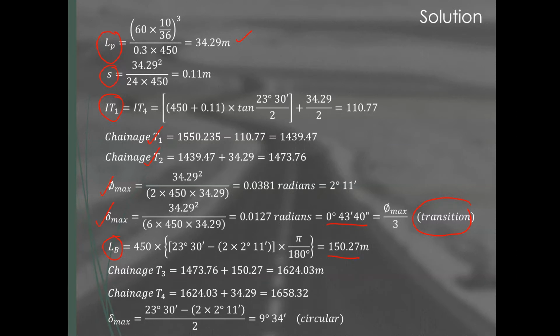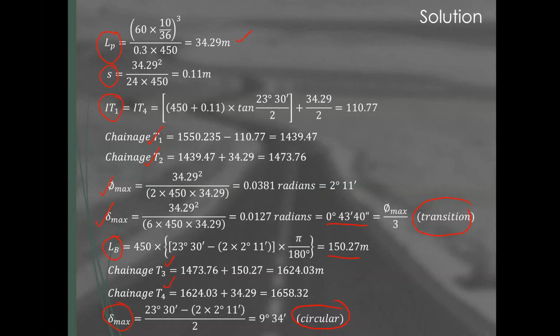Then we move on to chainage T3, the next common tangent between the circular and the second transition curve, and the final tangent point before we hit the second straight. And the last value here is the deflection angle, this time for the circular, which is 9 degrees 34 minutes.